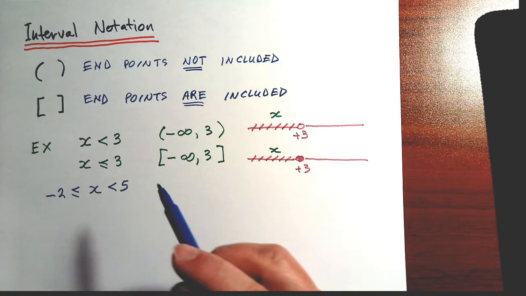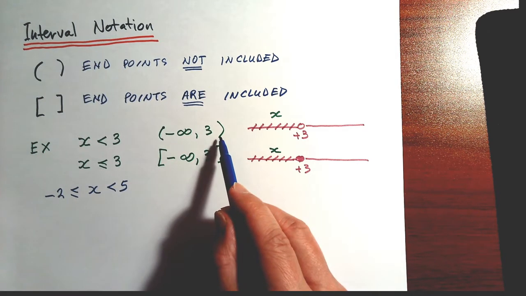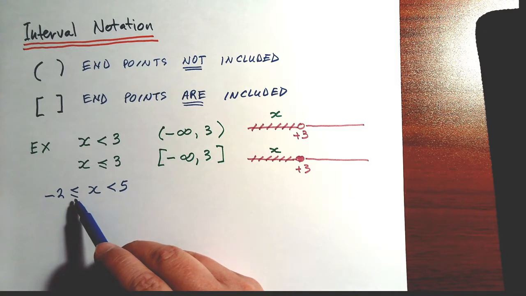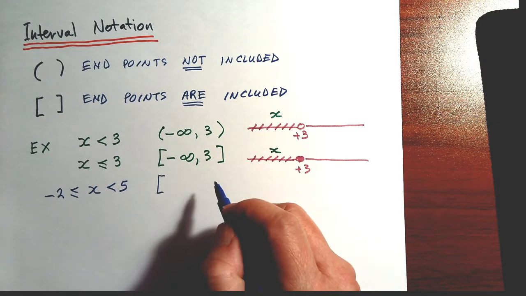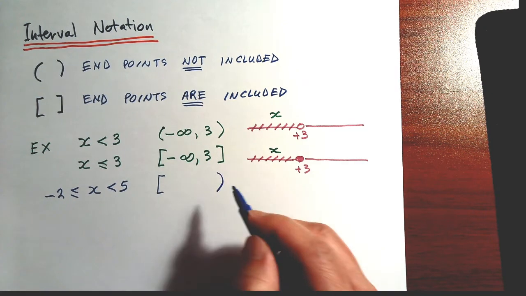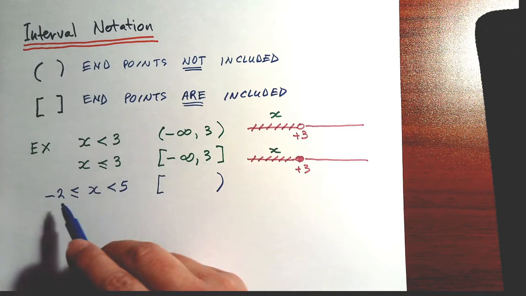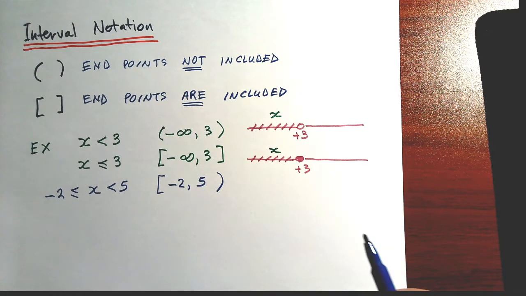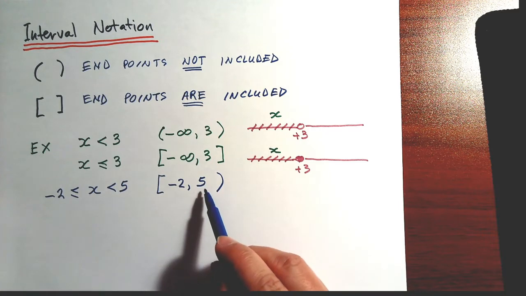So I would be writing it as a combination of the square bracket and the round bracket. For inclusion, I would be using square brackets, and for exclusion, I will be using round brackets. So in this case, not minus infinity, but bounded by -2 and 5. So -2, 5. -2 is included, 5 is excluded.